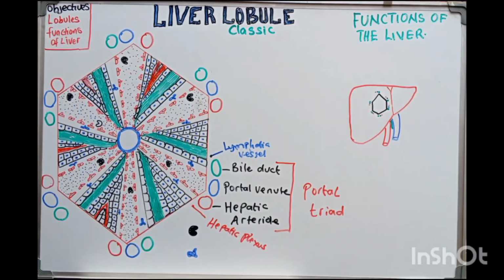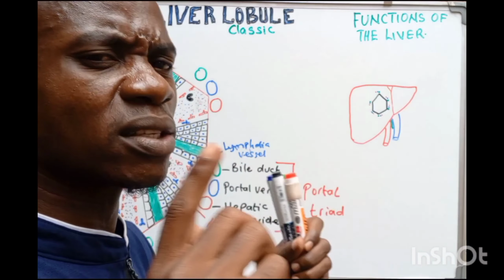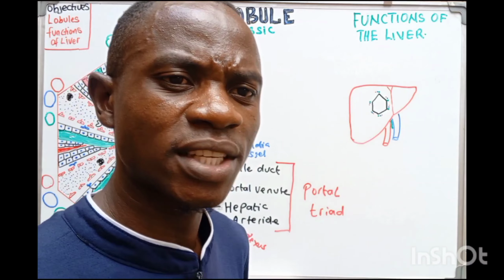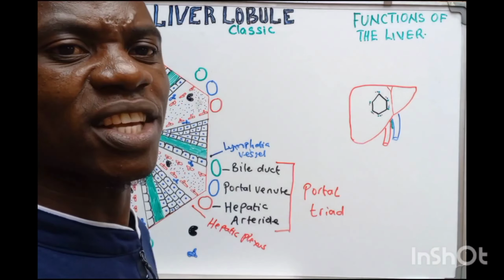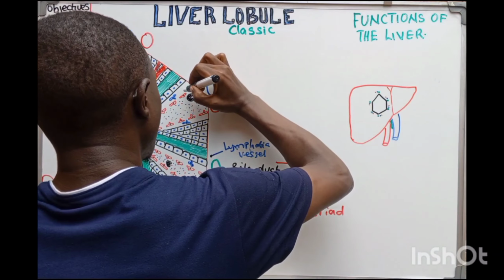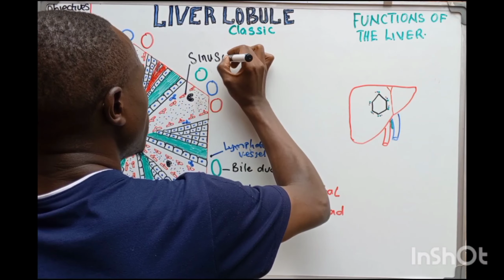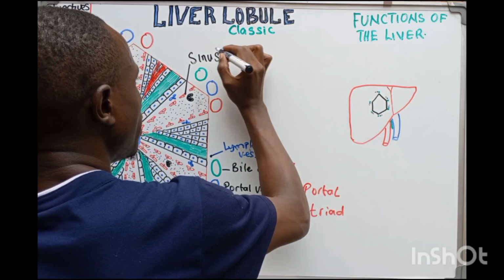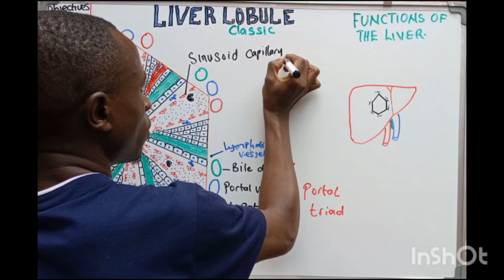This tube is going to be a capillary, and this capillary is specific and super important. You know how this capillary is called? This capillary here is what we call the sinusoid capillary.